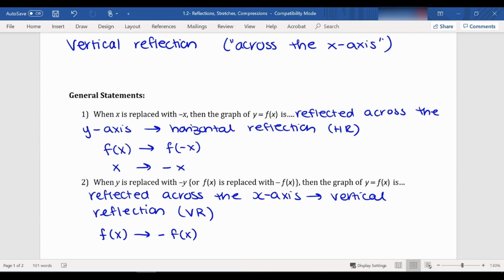So the reflections, once you know which ones are which, are not too complicated. You're basically just flipping all the points in your graph. So the horizontal reflection, you're going to flip all your x values. So if you had a negative 4, now you're going to have a positive 4. For the vertical reflection, you're flipping all the y values. So if y was originally 5, now y will be negative 5.